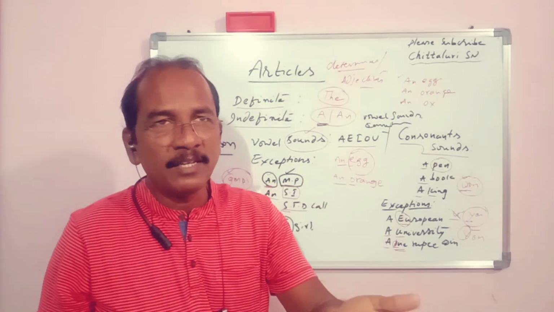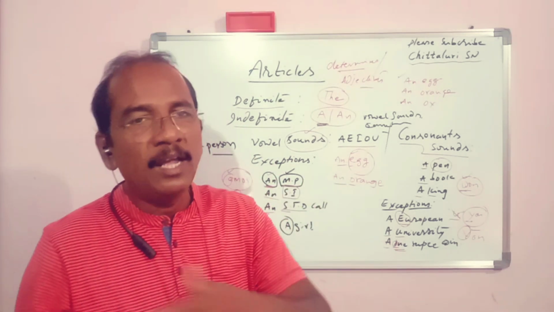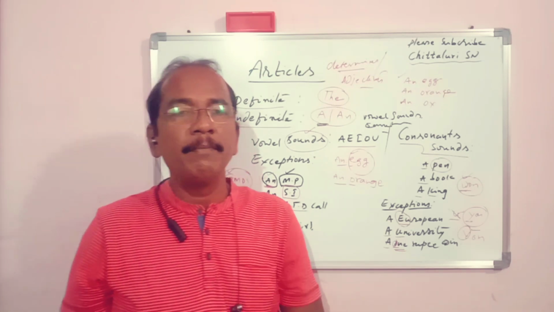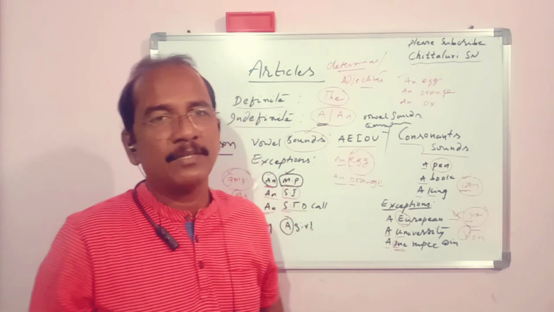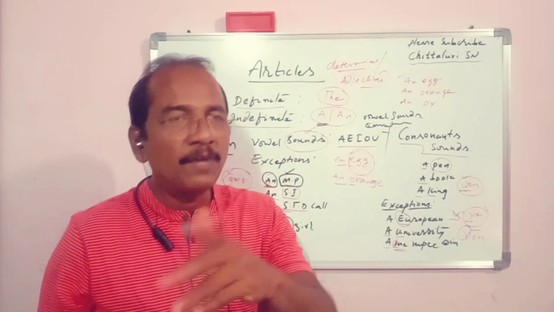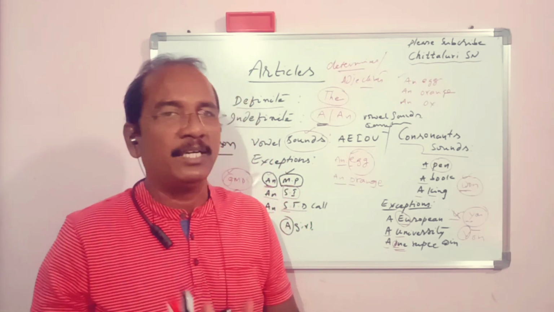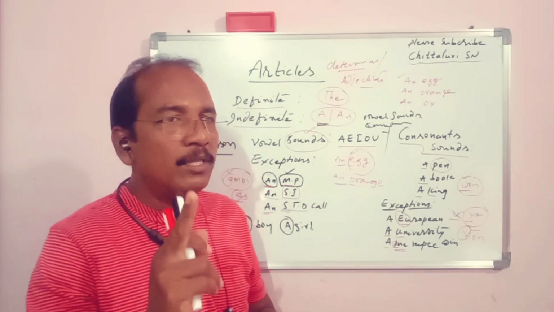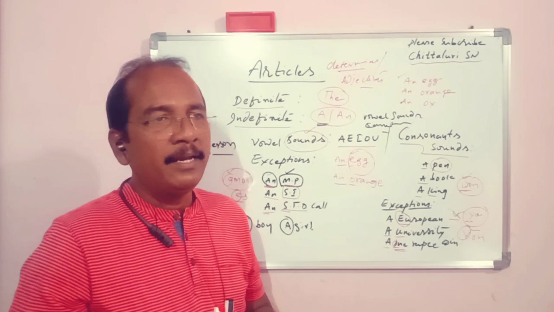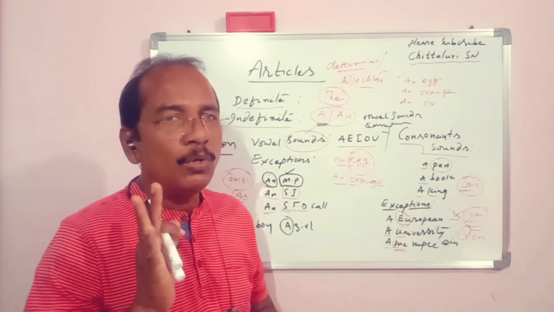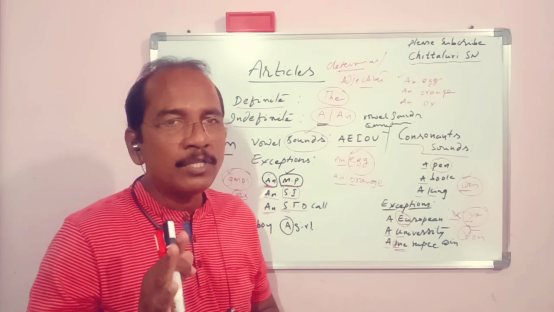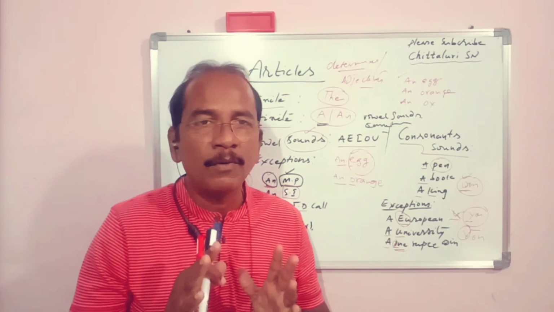It doesn't matter whether the words start with consonants or vowels. You should find out what sort of sound is produced by that particular word, and depending on the sound only, decide which article to use before it.